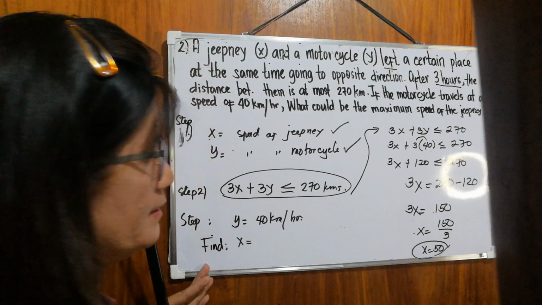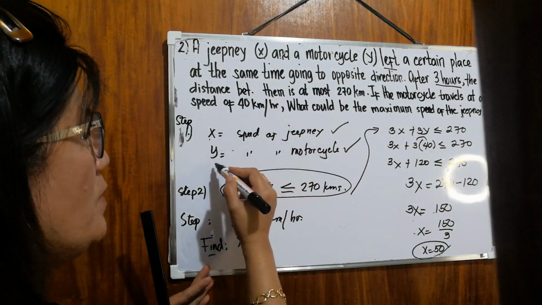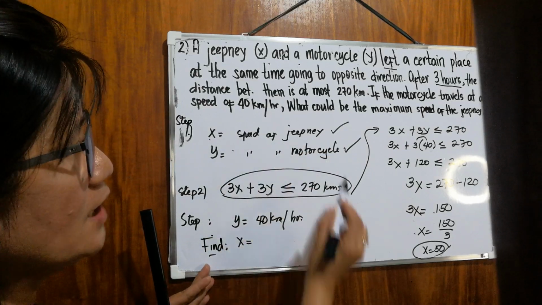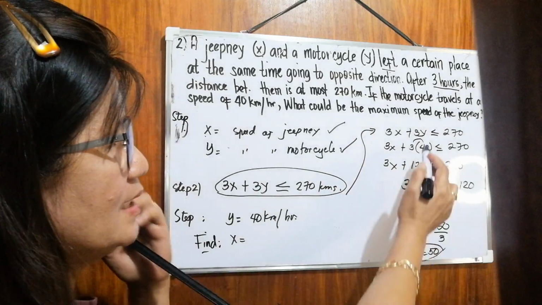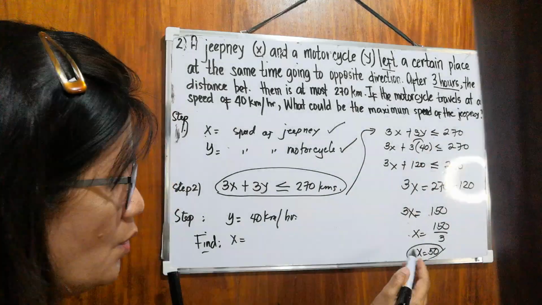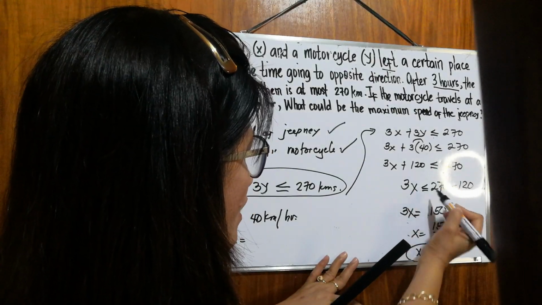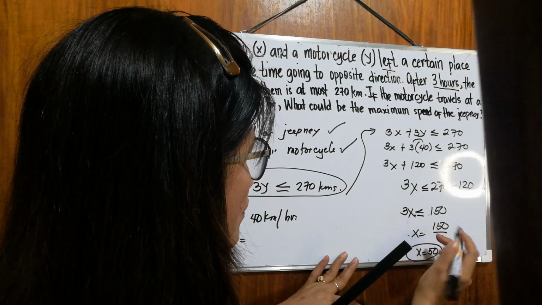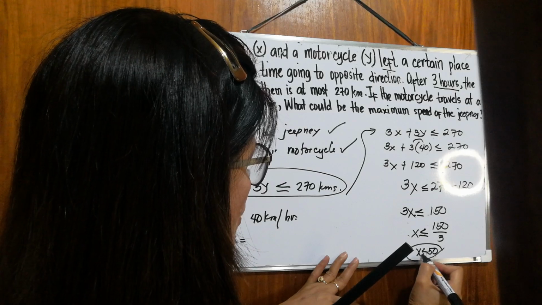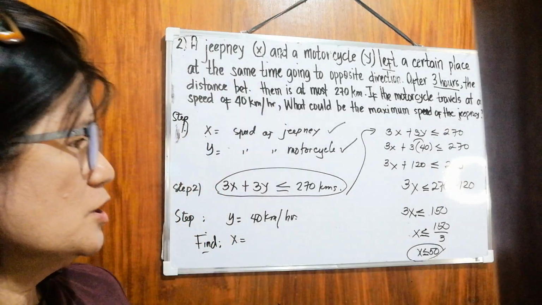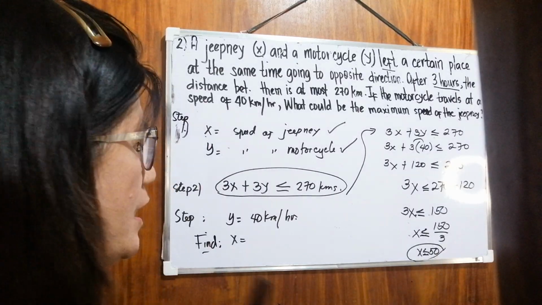Anong ibig sabihin yan? Anong ibig sabihin ng x? The speed of the jeepney. Tinatanong kasi sa atin, what could be the maximum? Kasi nakalagay dyan, less than or equal to. So, x, may mali tayo dito. Less than or equal to. Okay? So, nakalagay dito, x is less than or equal to 50.